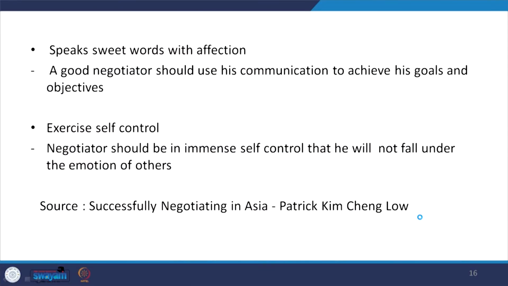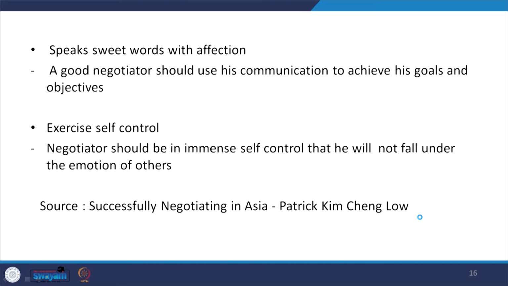Let the other people understand you are not opposing them. There is nothing personal, but there are certain issues which, for the benefit of the organization, we have to talk about. A good negotiator should use his communication to achieve his goals and objectives. And if he is able to achieve them, then definitely his communication is good. He has already built half the bridge.